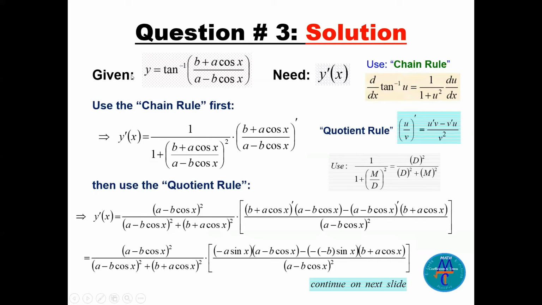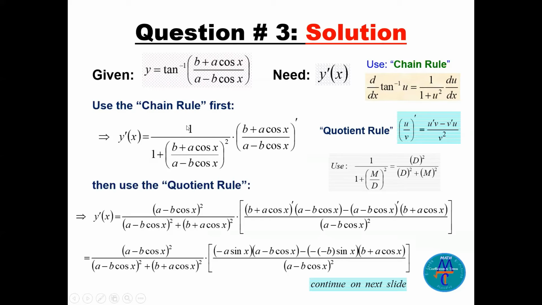Now we have inverse tan of all this. This is u. See, we have to use the chain rule here, the derivative of inverse tan of u, 1 over 1 plus u squared times the derivative of u. Now be careful here.